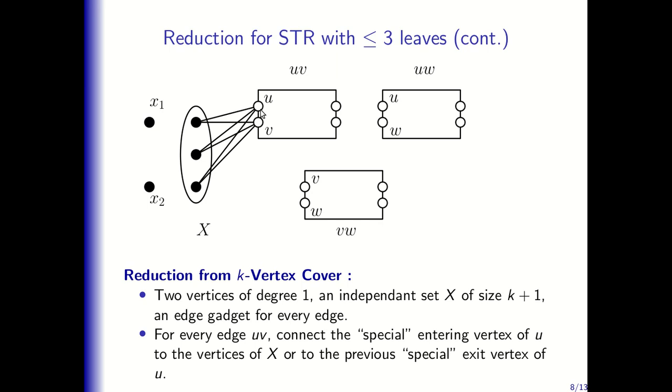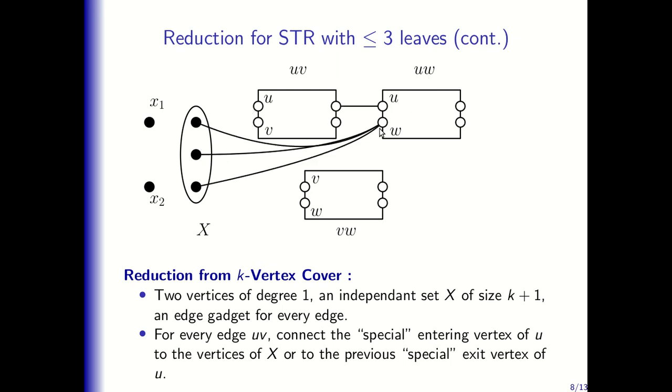There are 2 white vertices associated to U in the edge gadget and 2 white vertices associated to V. You take the left one, the entering vertex for U and for V, and you connect them to X, because this is the first edge we meet for U and for V. So you make a complete graph between X and the entering vertex of U, and X and the entering vertex of V. Now you take the next gadget, which is UW.